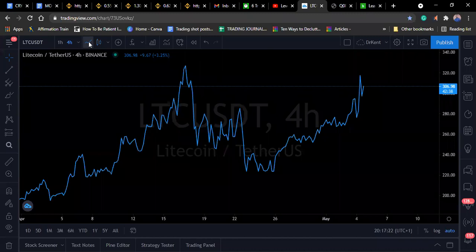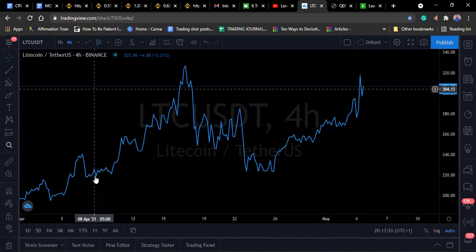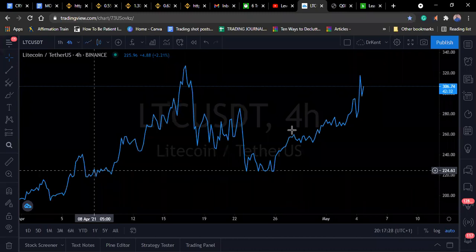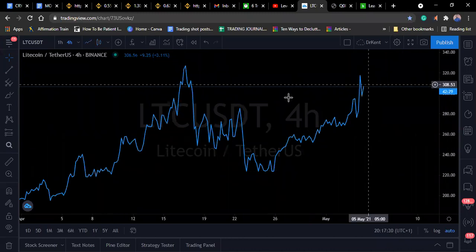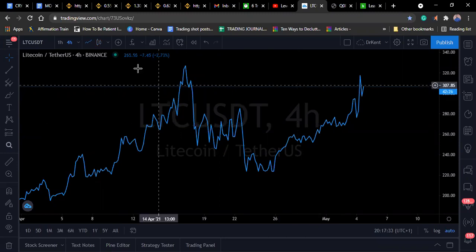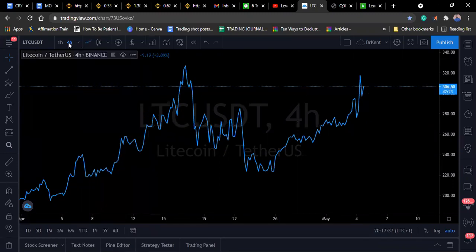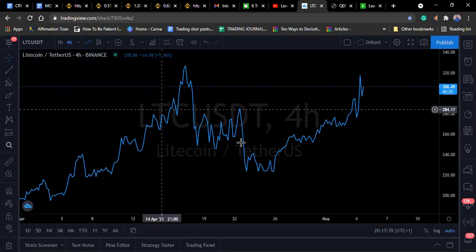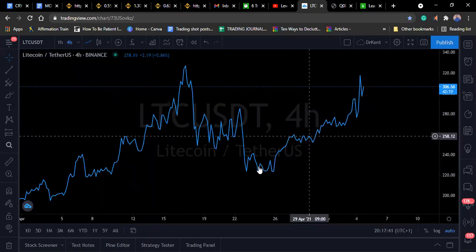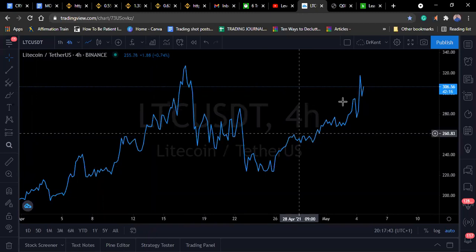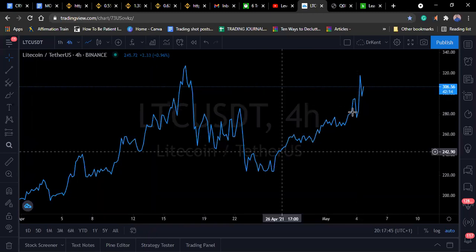This is the line chart, and it is drawn by taking the closing price of a particular time frame, then using that to form a curve, which is this line that you see.